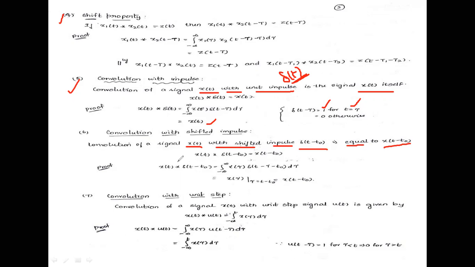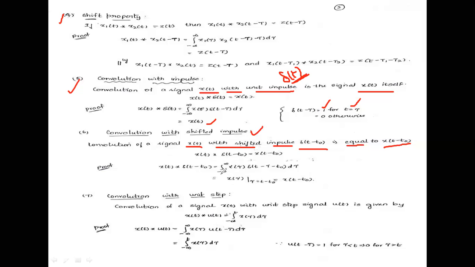See how it is? With this shifting property, x of t convolved with delta of t minus t naught, what is the output here? The x only, but with the shifted version, t minus t naught. Convolution with the shifted impulse uses the shifting property of convolution.